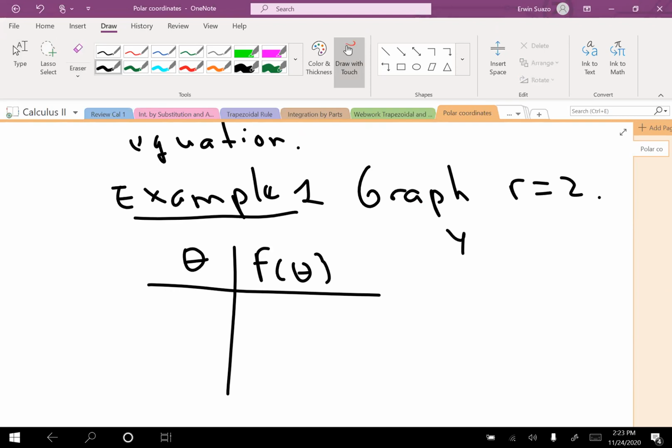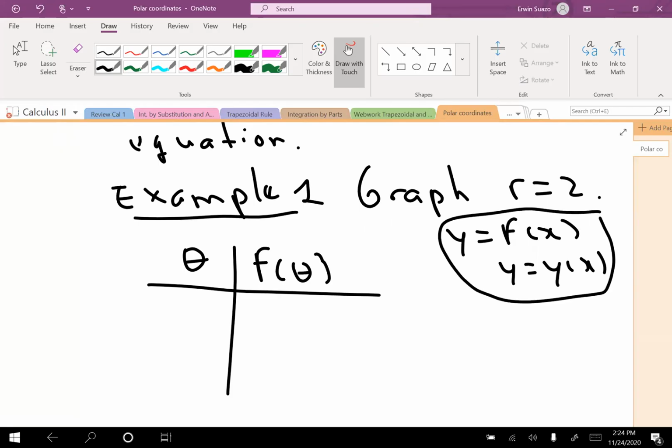It's just like when you call y f of x, right? You could just say y equals y of x, because y depends on x, but for some reason we prefer to say f. So we say this is f of theta equals r, right?